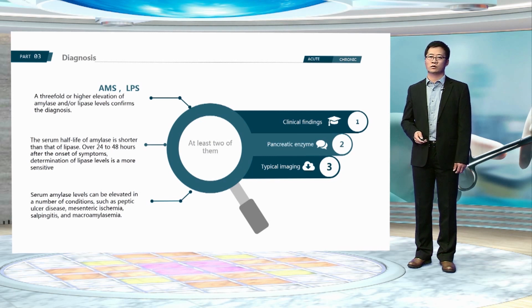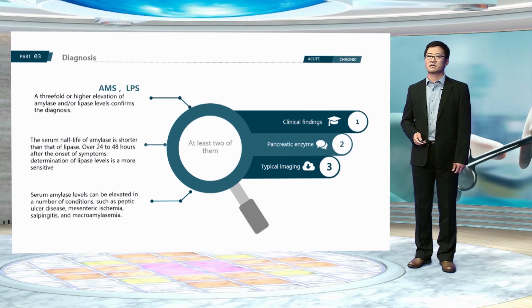At least threefold elevation of amylase and or lipase levels confirms the diagnosis. Well, the serum half-life of amylase is shorter than that of lipase. So over 24 to 48 hours after the onset, determination of lipase level is more sensitive.